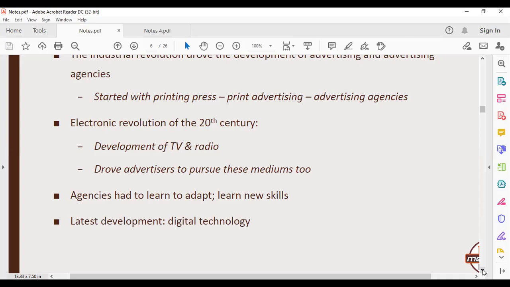Just think of it today. With digital technology, when you're advertising on social media, you need good copywriting skills, you need good designing skills, graphic designing. If you are creating a website, you have to know your IT, you have to know how to create a website, things like that.